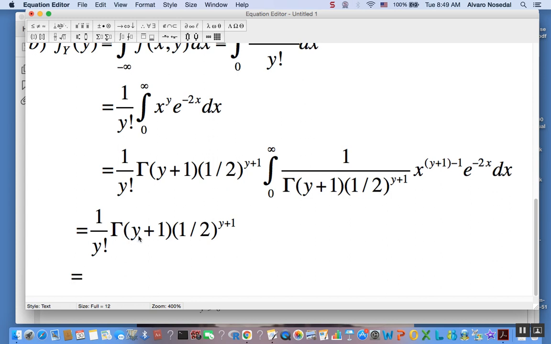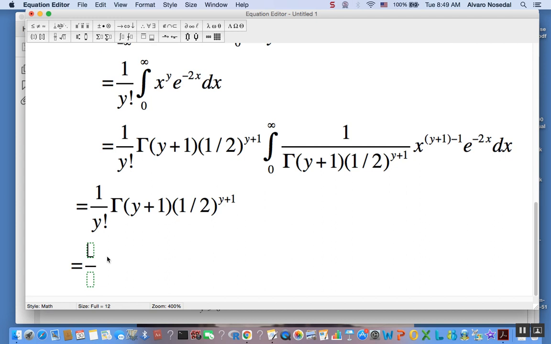So gamma evaluated at y plus 1 is just y factorial. And that's great, because then what we have is y factorial divided by y factorial times 1/2 to the power y plus 1. Agreed? Yeah?